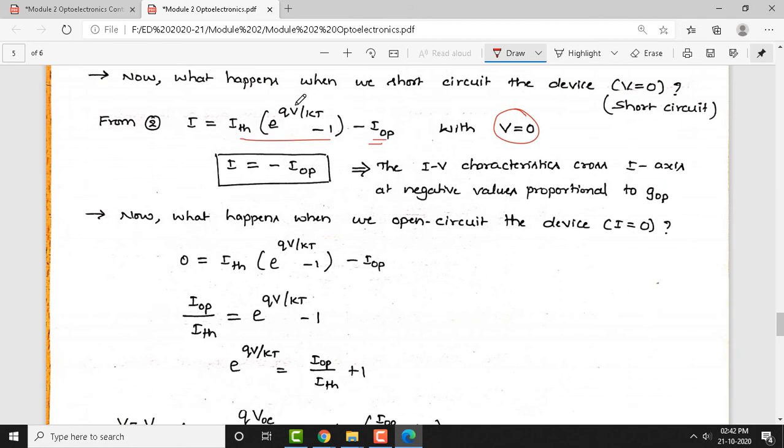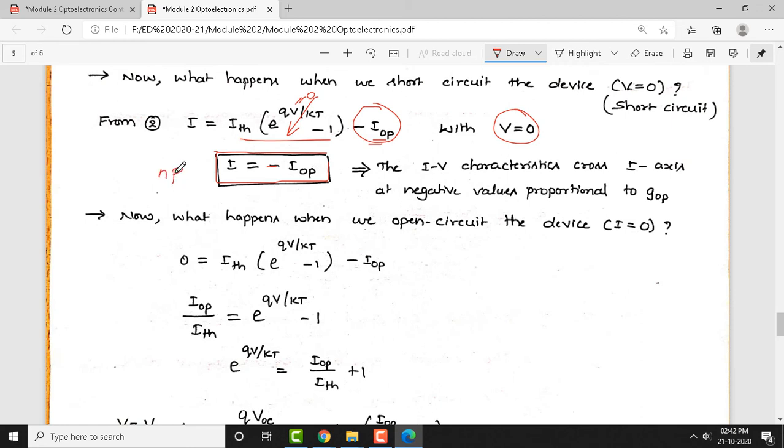If you substitute V as 0 here, this entire term gets eliminated, this becomes 1, 1 minus 1 becomes 0, and you are left with only this part. The only current that flows across the PN junction is the optical current. That is going to be opposite in direction because it flows from N to P.